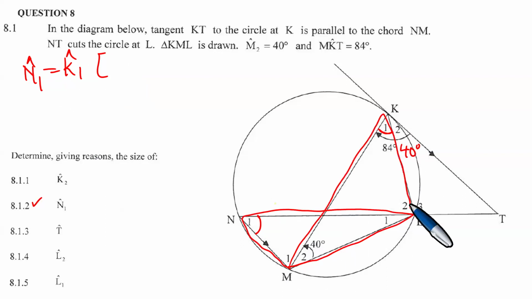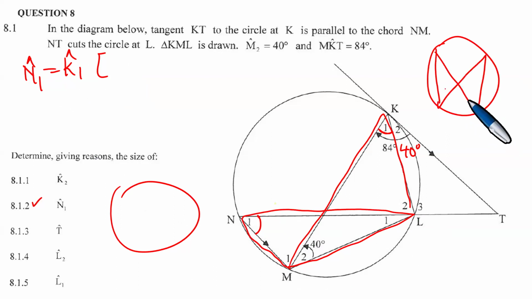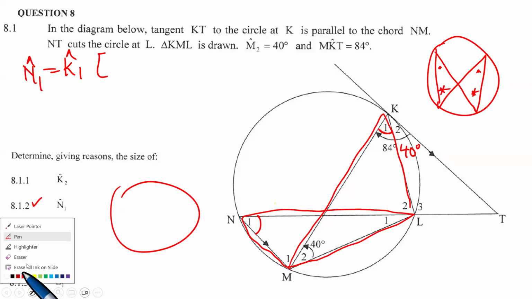If you have this bow tie, let me draw the bow tie here. You have this angle here equals this angle there, and this angle here equals this angle there. So y'all take note of that.